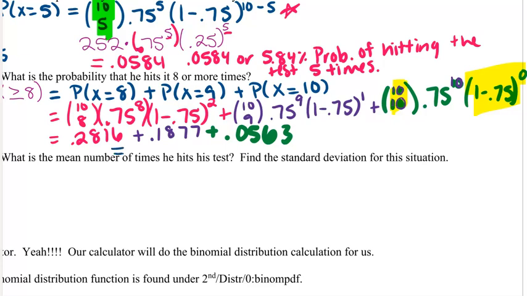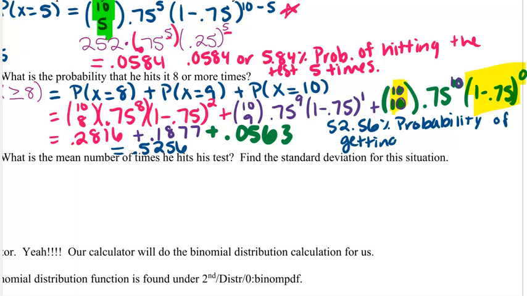And when you add all those together, you should get 0.5256. So pretty likely that you're going to get 8 or more. So 52.56% probability of getting 8 or more.